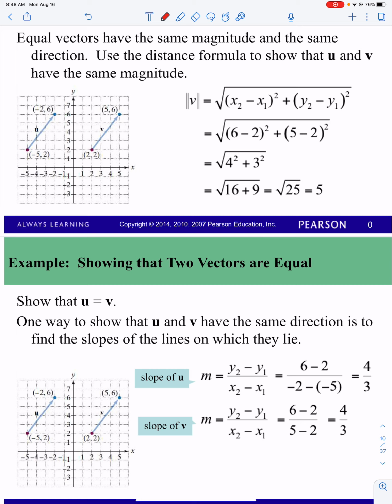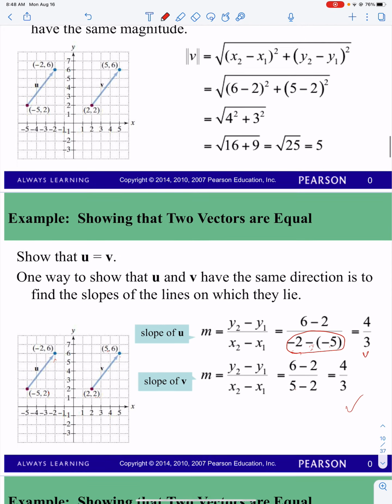So you calculate both. It's 6 minus 2, and negative 2 minus negative 5. Be careful with the signs. Negative 2 minus a negative is plus, so that gives 3. Or 5 minus 2 here.